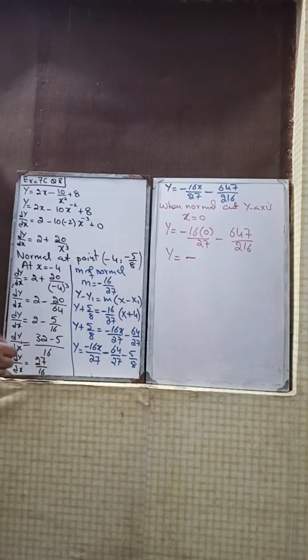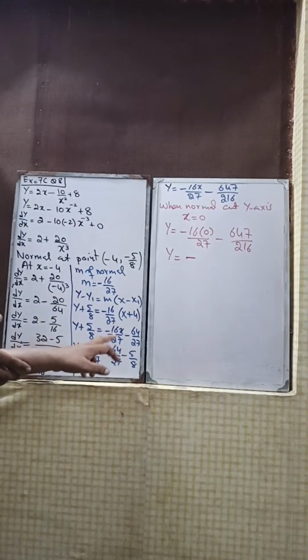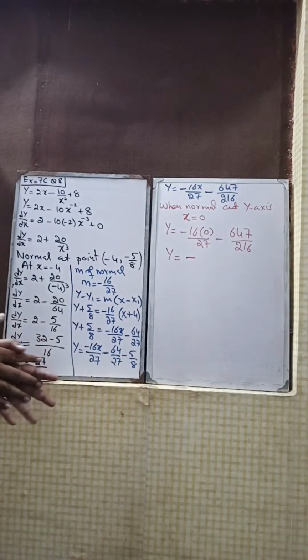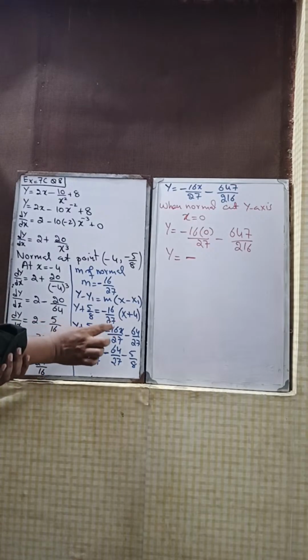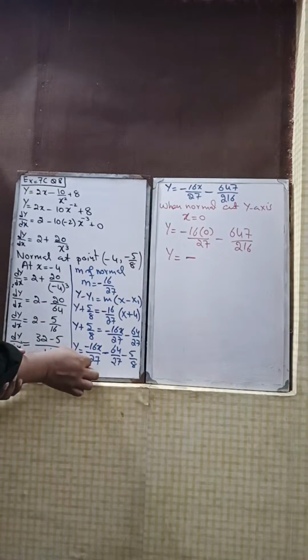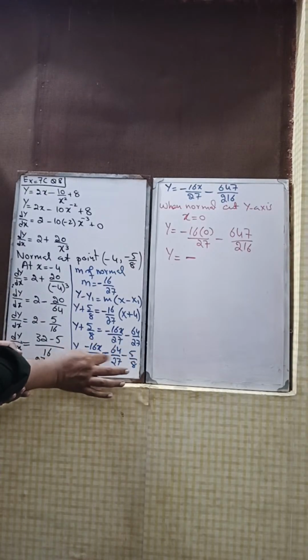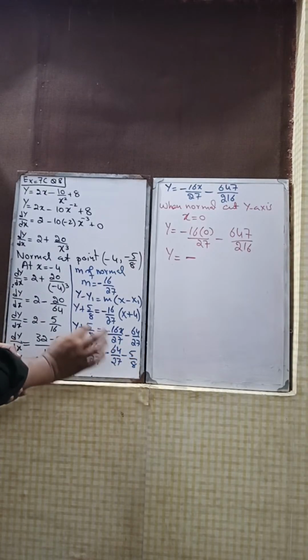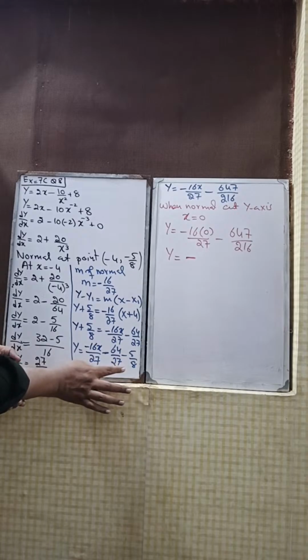Okay. So y plus 5 by 8 is equals to minus 16x by 27 minus, when you take it inside, this will become 64 by 4, 16s are 64 divided by 27. So this is minus 16x divided by 27. This is minus 64 by 27. This will go there. It will also become negative.